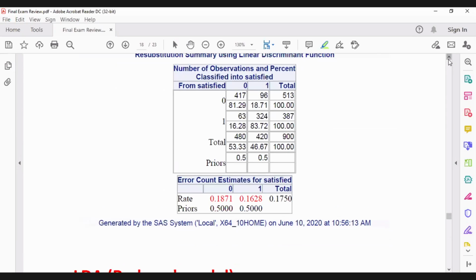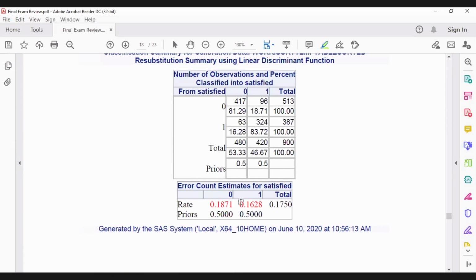So this table is showing the misclassification rates for linear discriminant analysis, when y is equal to 0 and when y is equal to 1.